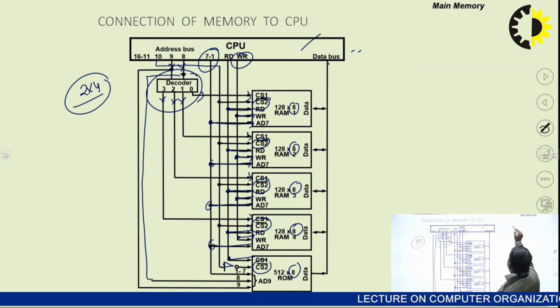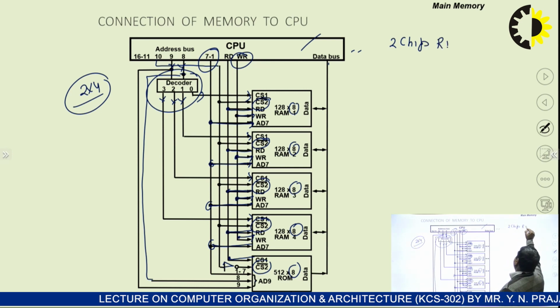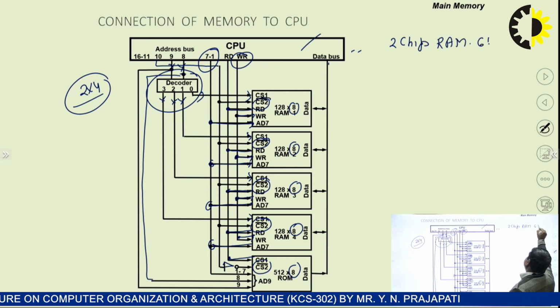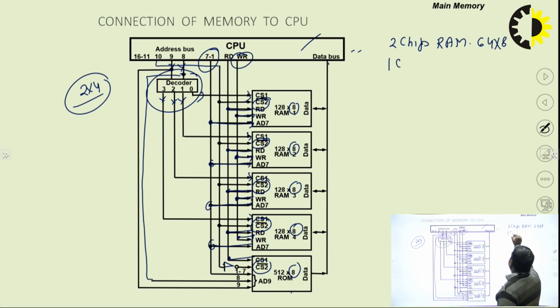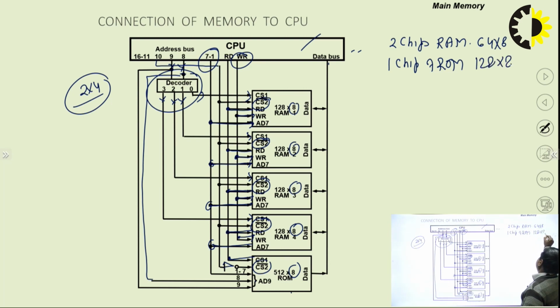Suppose the size of 2 RAM chips is 64 cross 8 and 1 ROM chip is 128 cross 8. Interface these 2 RAM chips and the ROM chip with the CPU. We take another example for a better understanding of how the RAM and ROM are interfaced.